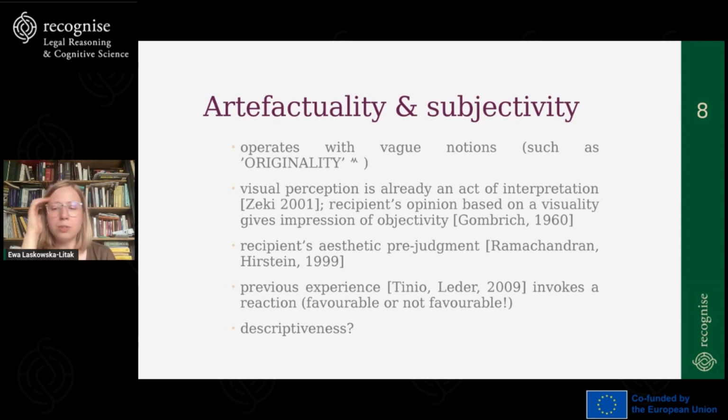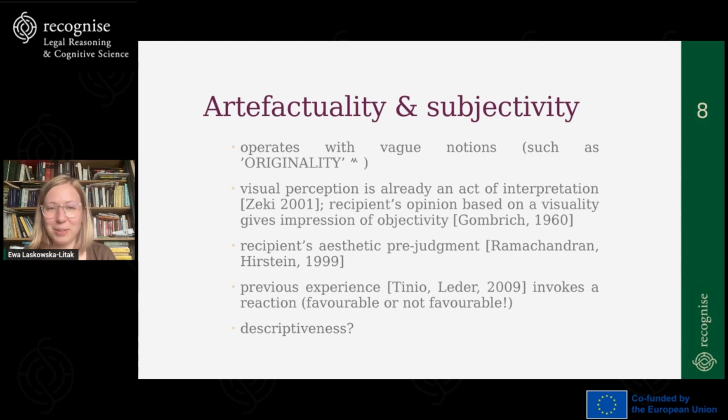Now, I also mentioned to you that the second paradigm of copyright law is based on the assumption that only the visual or hearing perception of a work is suitable for copyright protection. Now, neuroscience shows, and that's not obviously cognitive science, but neuroscience shows that visual perception is an act that cannot be separated from interpretation. So copyright law is based on a paradigm that was supposed to identify the subject matter without any qualitative or quantitative evaluation of it.